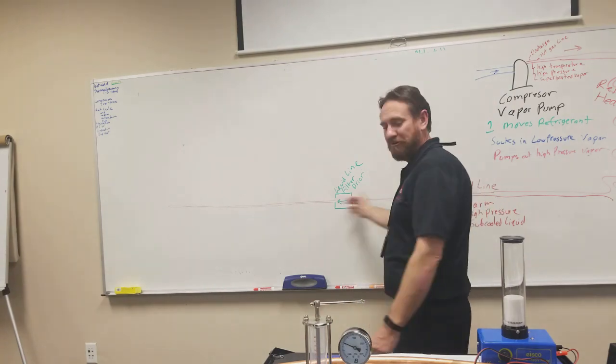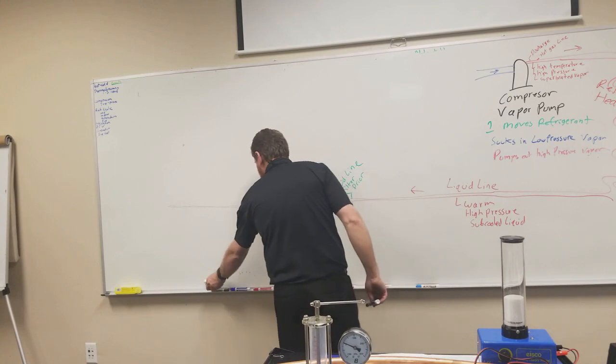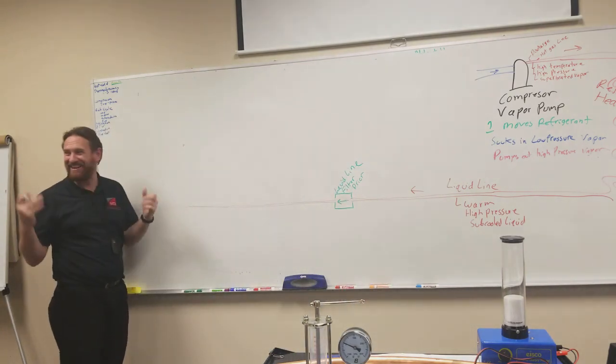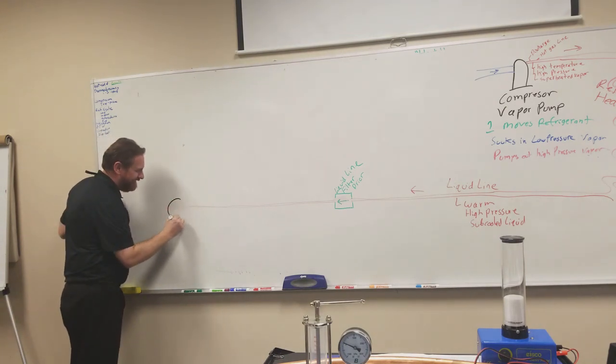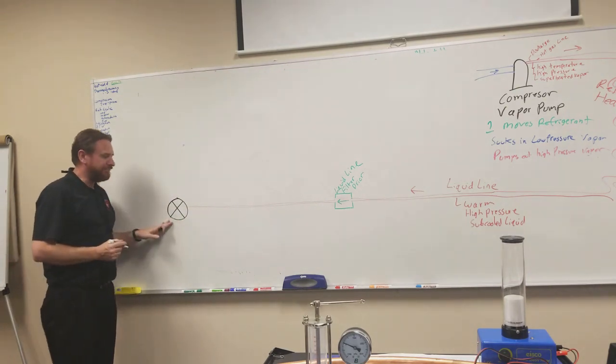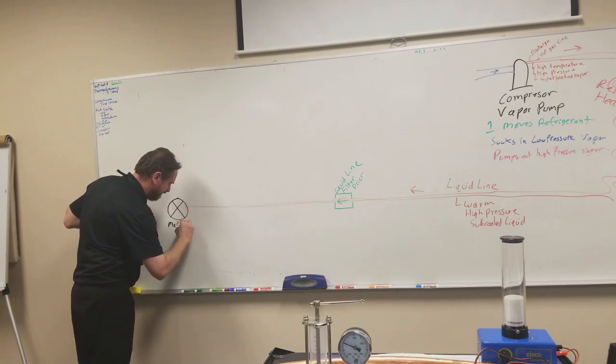The refrigerant's going through that filter dryer, and then we come to our next component. Our next component has 2 names. Imagine that. This is the symbol for the component, but it's not what it looks like. This component is called a metering device. So it's not a railroad crossing.